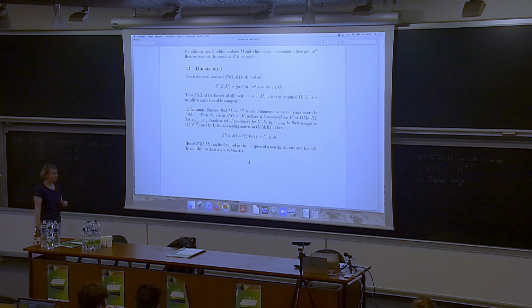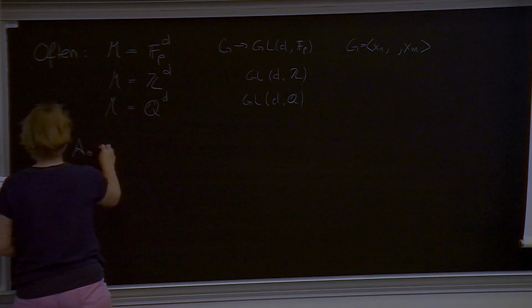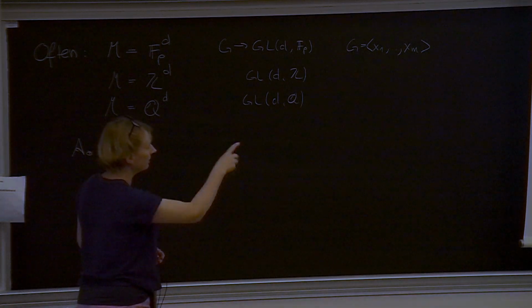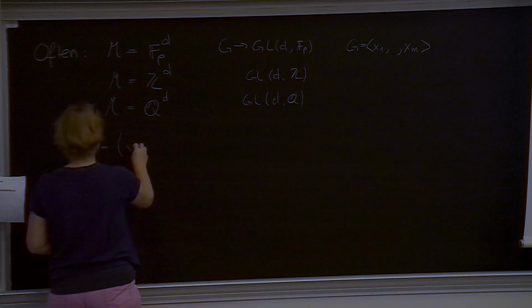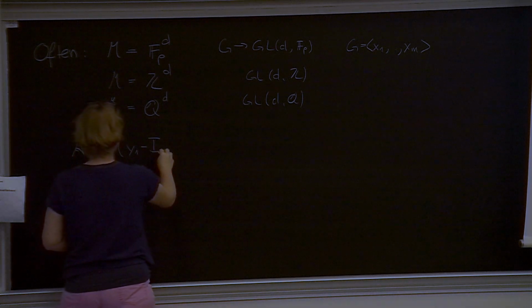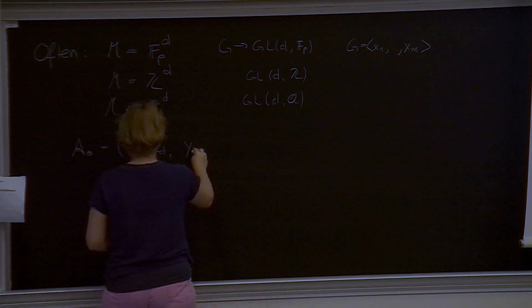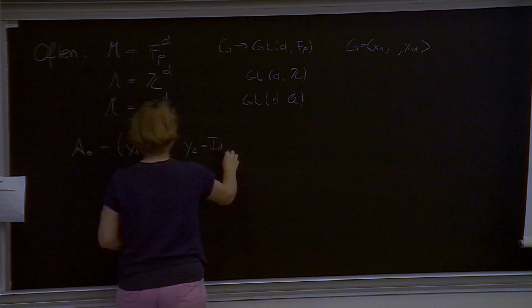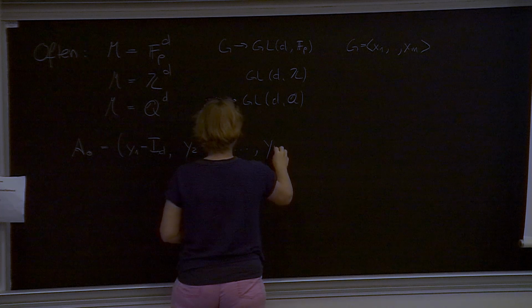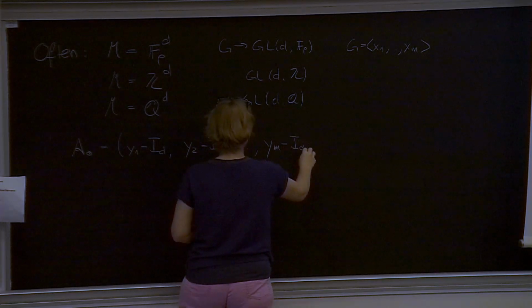And the matrix alpha 0 is just obtained by concatenating the matrices that you get. So it's the matrix Y1 minus the identity, and then you have Y2 minus the identity, and Ym minus the identity.